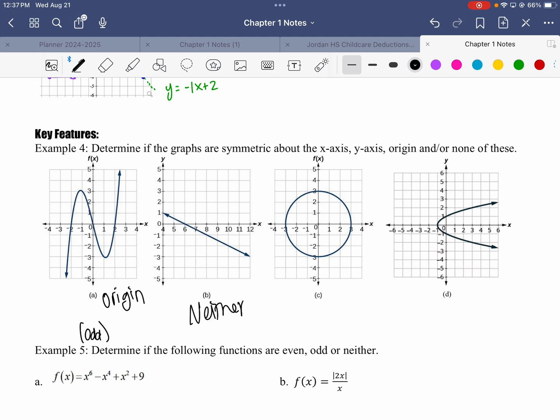That's another good example. Lines can be even or odd. Most of the time lines are neither. The only time they're going to be, well, I guess they can't really be, well, horizontal lines can be even. In fact, they are even.